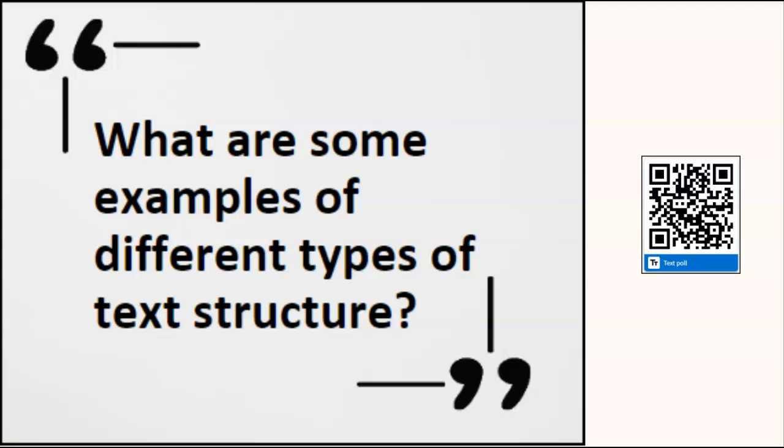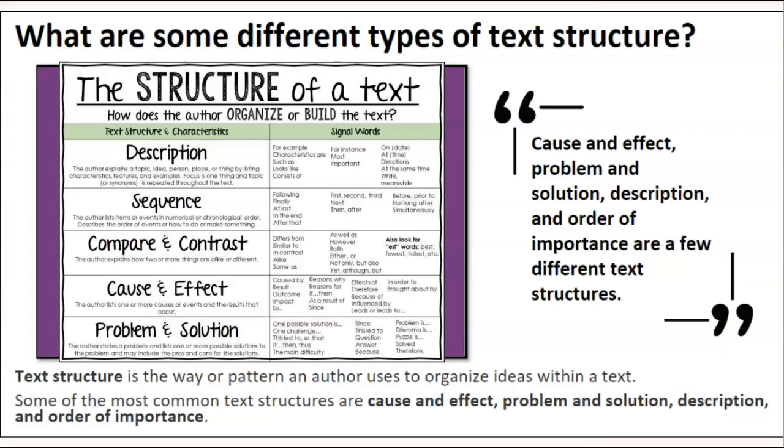Okay, so what are some examples of different types of text structure? Can you think of any? Our next slide is going to have a few. This is how the words are arranged and the thoughts are organized. Here are some. This may make sense once you see this.